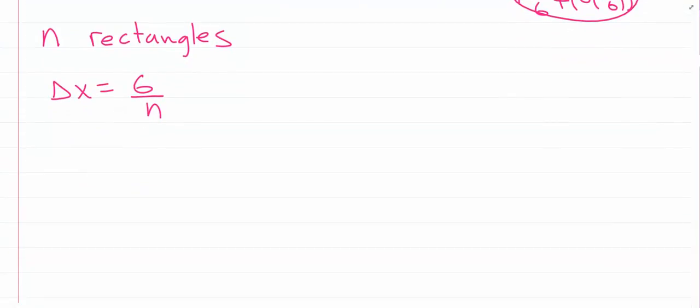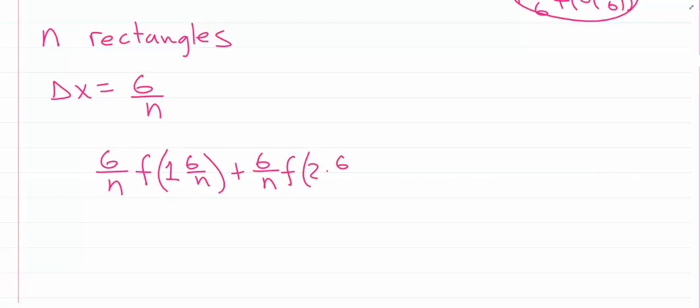Then let's look at our sum. Our sum is going to look like this. 6 over n times f of 1 times 6 over n, right? Plus 6 over n, f of 2 times 6 over n, right? All the way, we've got n of these things. So this is going to be 6 over n, f of, well, what's going to be the very last thing that we do? n times 6 over n, right?